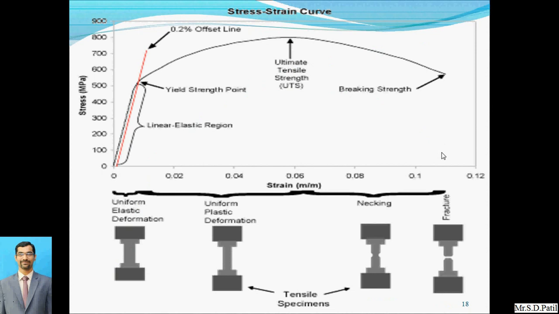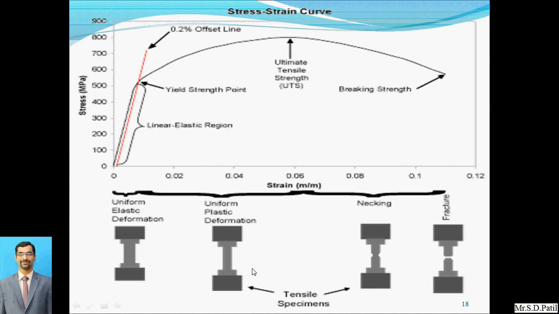These are some snaps of the specimen behavior. Here we can see the specimen behavior. In the uniform elastic deformation, after removing the load, the material will regain its original size and shape. But in this particular portion, the plastic deformation starts.